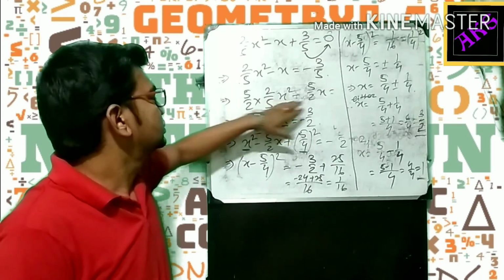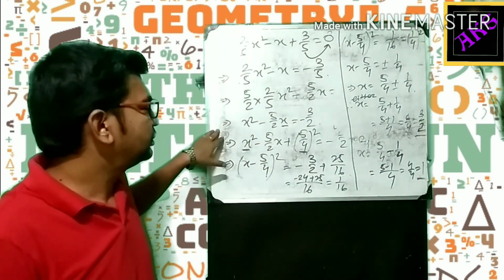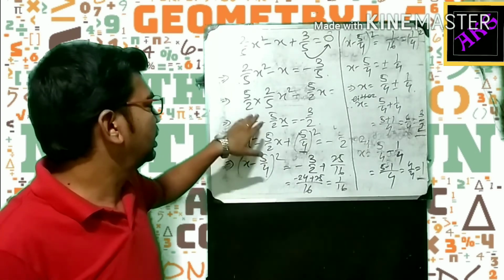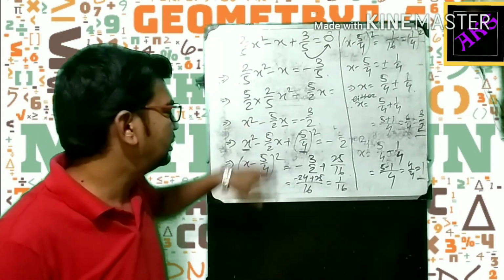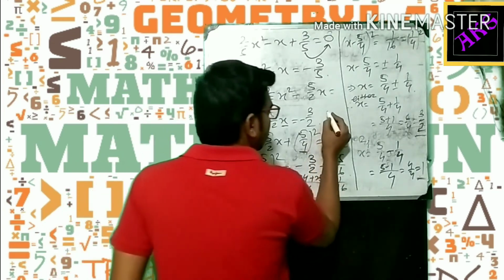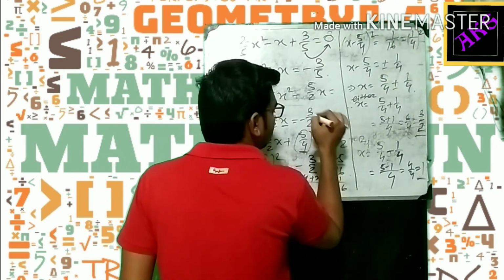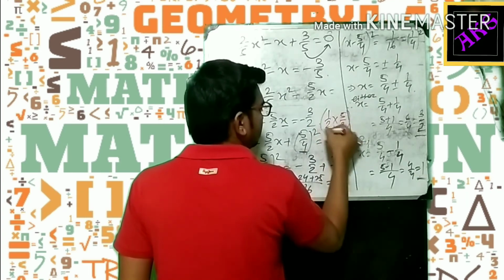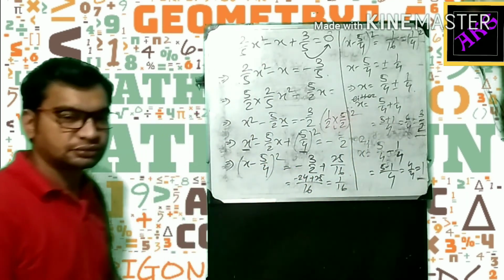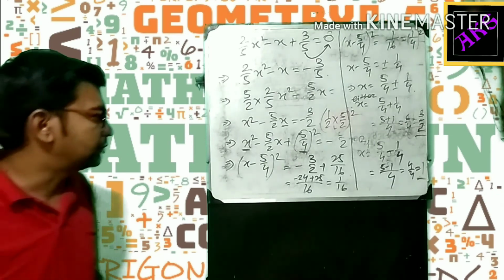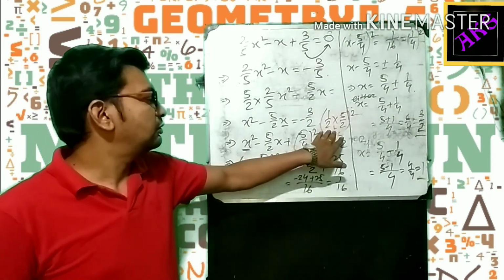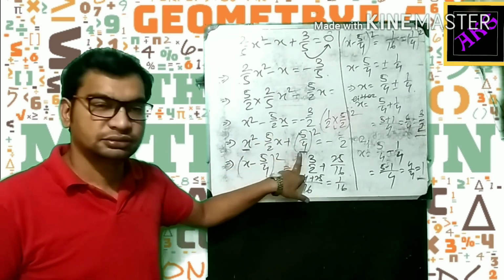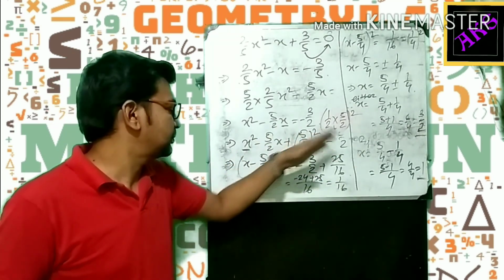Then the trick comes, and the trick is we have to add the square of half of the coefficient of x, on both the sides.